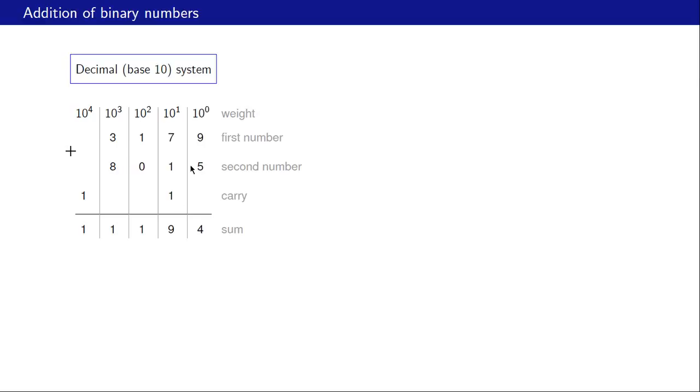Its weight is 10 raised to 1, which is 10 times higher than this weight. Next we add these two and we also add the carry and so on. In this case the carry is 0, so we only need to add 1 and 0, etc. And that is how we end up with this sum.